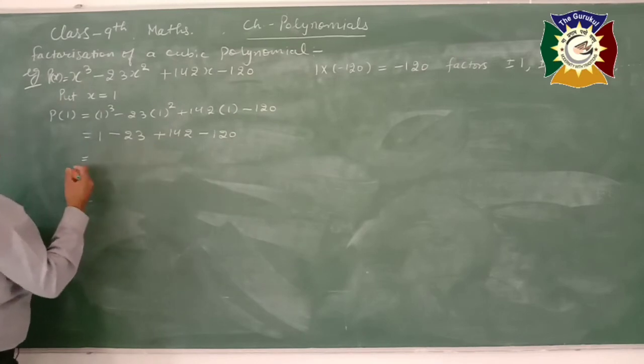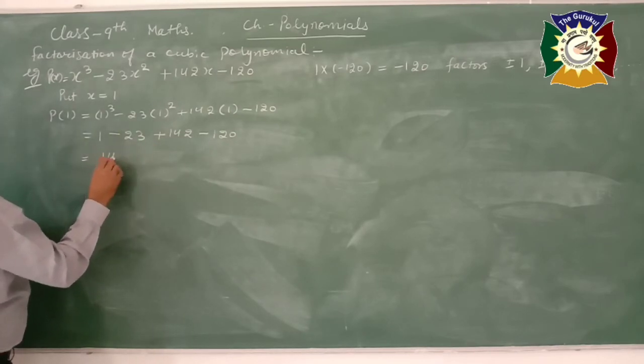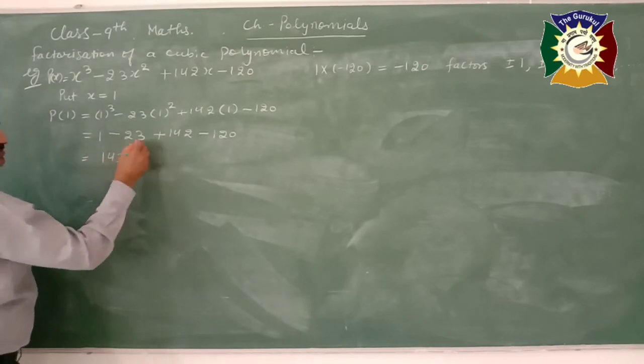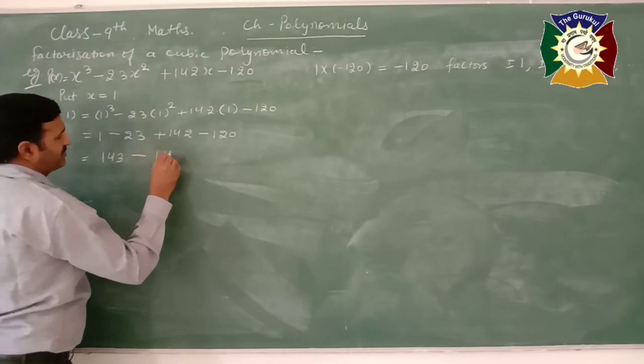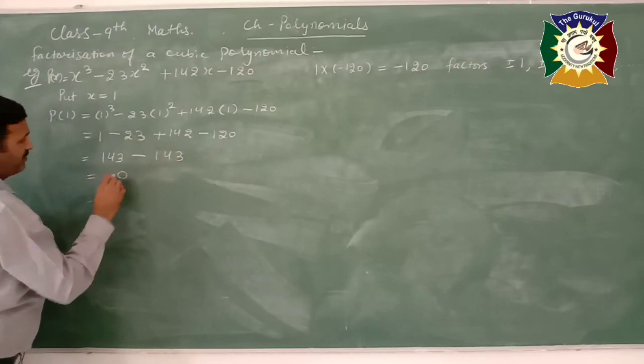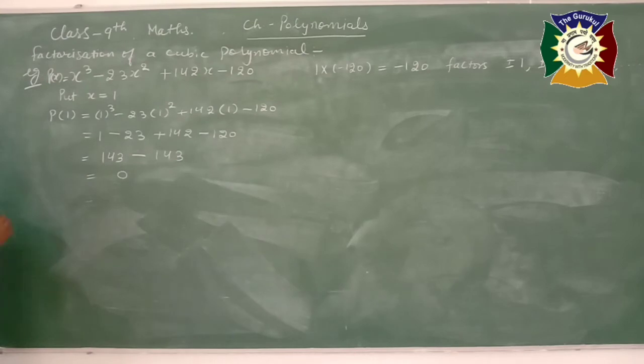Add the positive terms together, 143 we got, and the negative terms also together 143. We got the remainder 0.